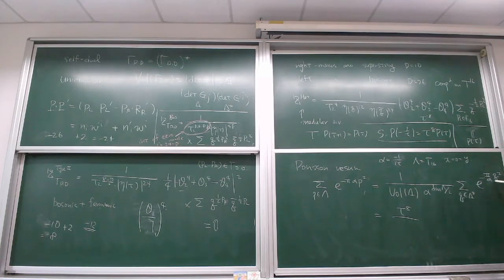Lambda star, this part should be equal to P of tau. So alpha should be this one. Now, am I correct? What is q bar? q bar is e to the 2 pi i tau bar.